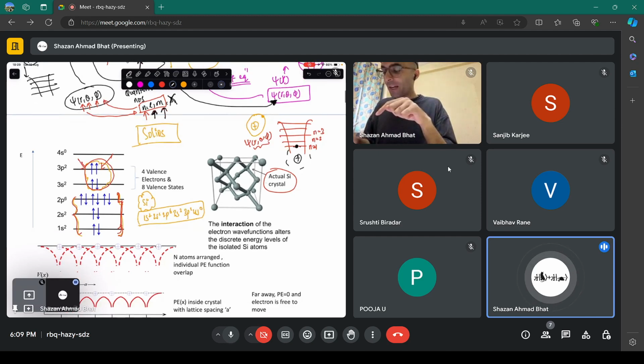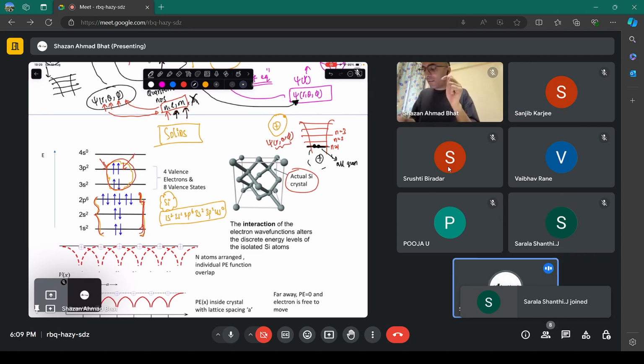Now if we bring in a second electron, then the Pauli exclusion principle comes into the picture, because if these two electrons want to stay in this level, they should have all quantum numbers different. That means these two electrons cannot have all quantum numbers the same as per the Pauli exclusion principle.